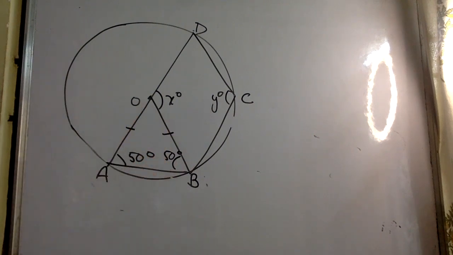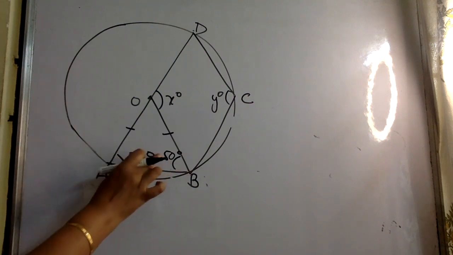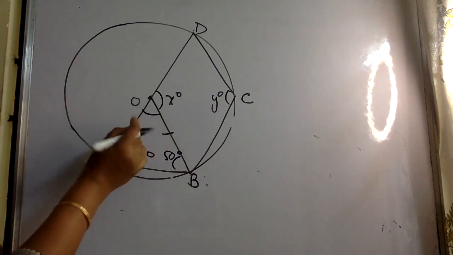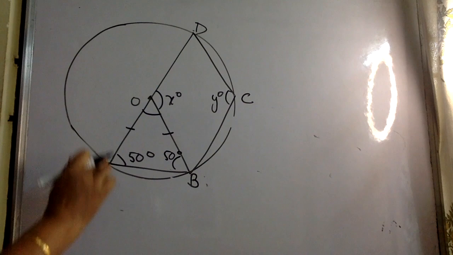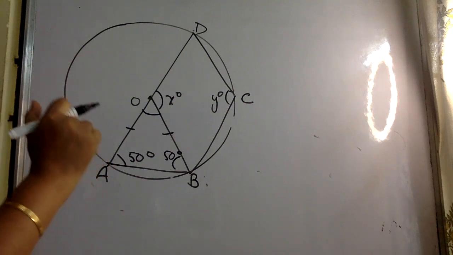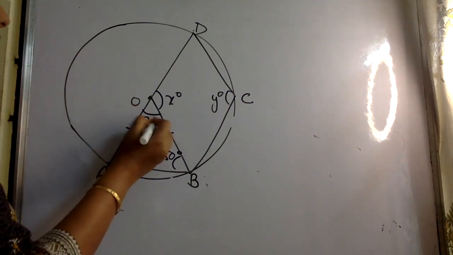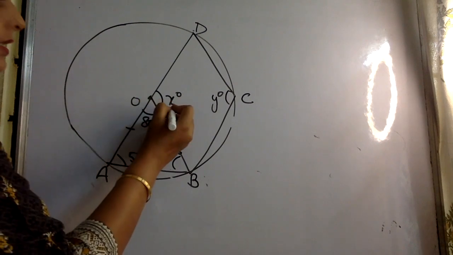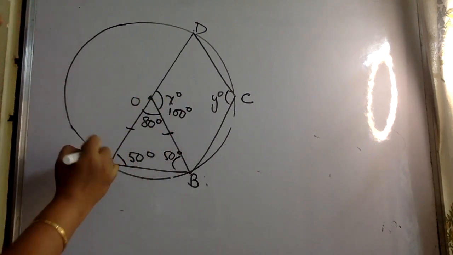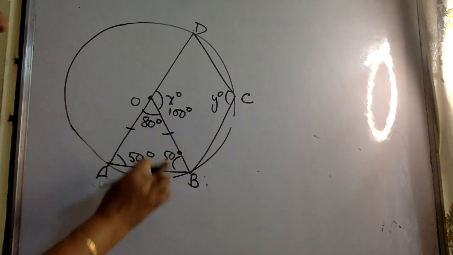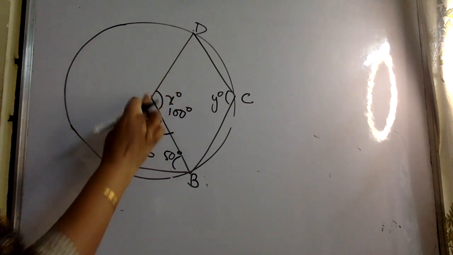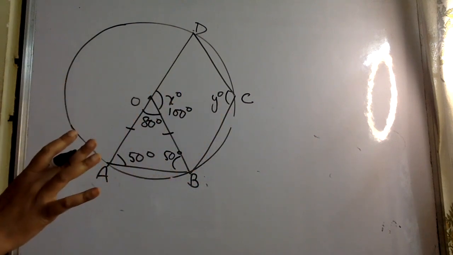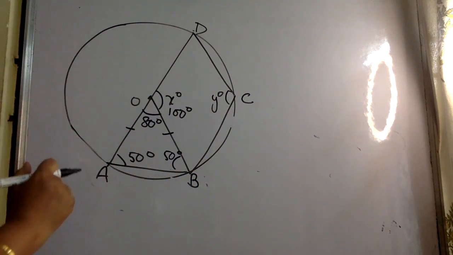So this angle is 50 degrees. Then angle AOB is 180 minus 100, and that is 80 degrees. If this is 80, angle x becomes 100 degrees. You should not take this as 80 degrees because this figure DOBC is not a cyclic quadrilateral. Very often people make this mistake.